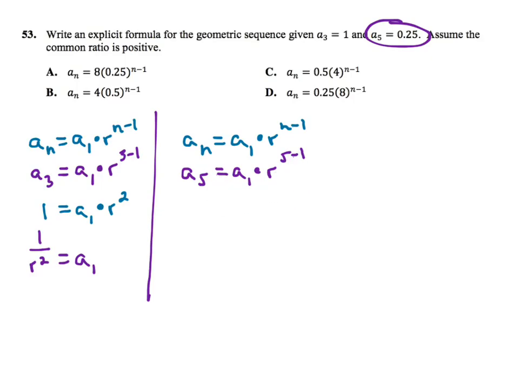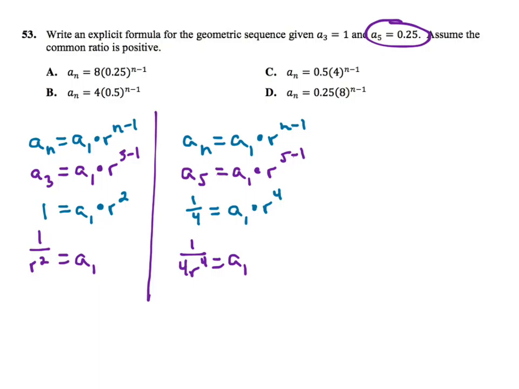Fifth term. a sub 5 is 0.25. I'm going to convert it to a fraction. You can leave it as a decimal. 1/4 equals a sub 1 times r to the power of 4. Divide both sides by r to the power of 4. I get 1 over 4 times r to the power of 4 equals a sub 1.